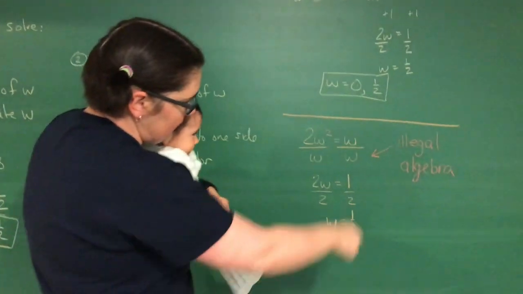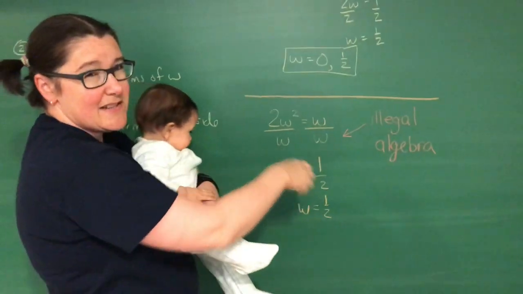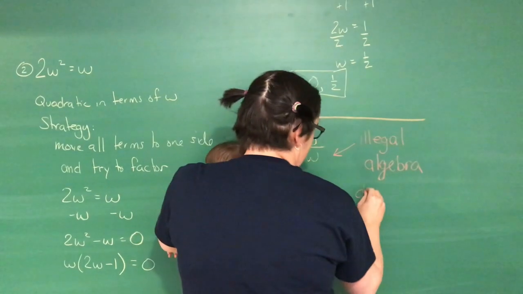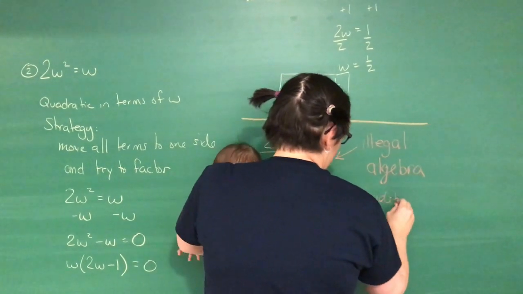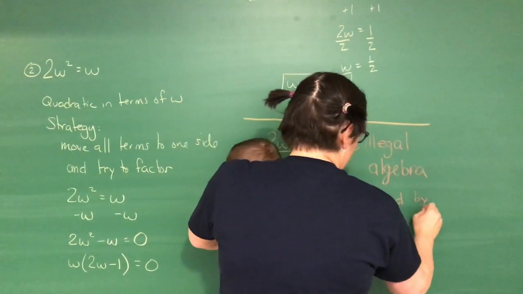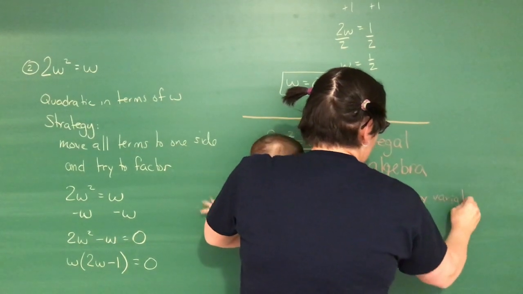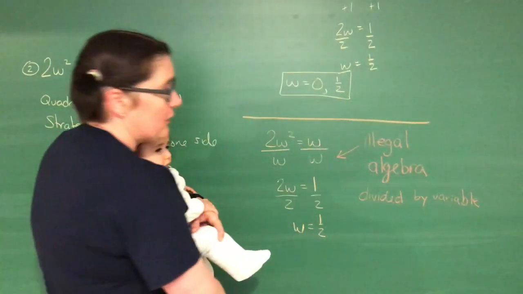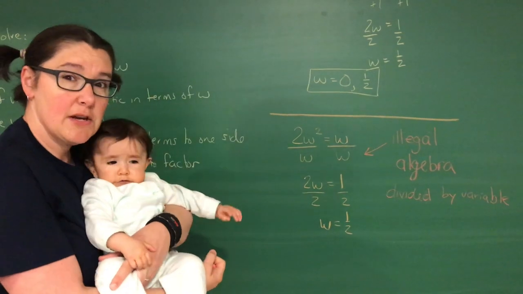If you take a look right here, what I've done is I've divided by the variable. You probably talked about this in your college algebra class, but you might not have thought too carefully about it.